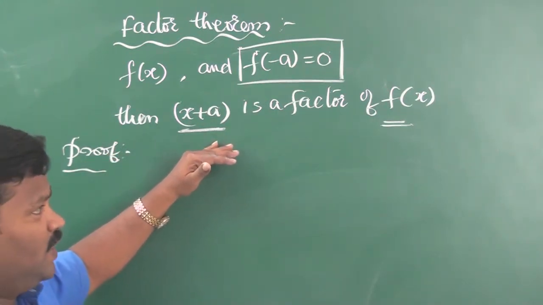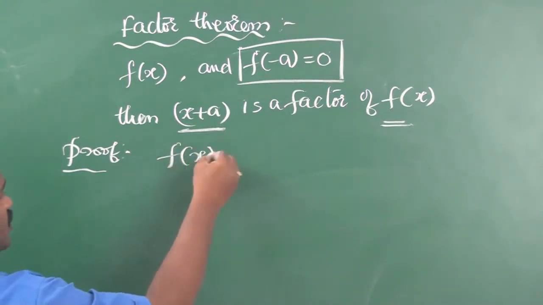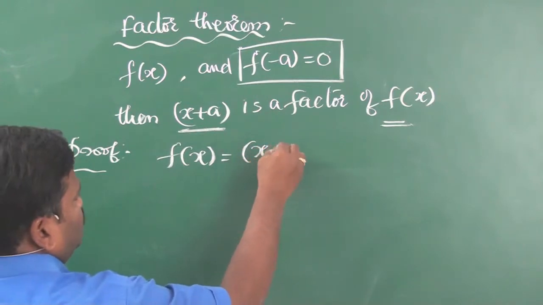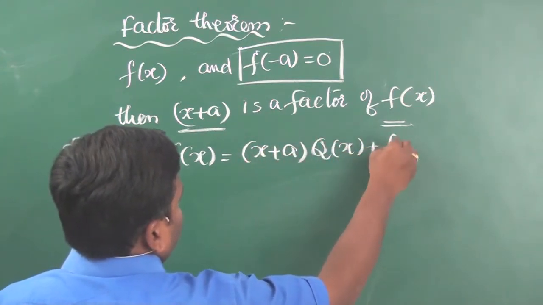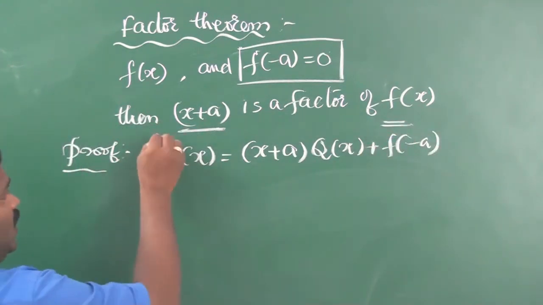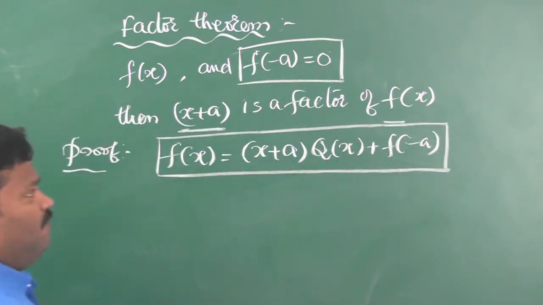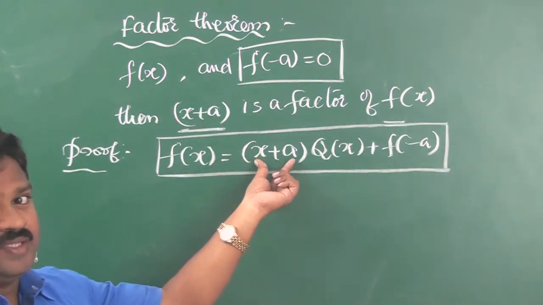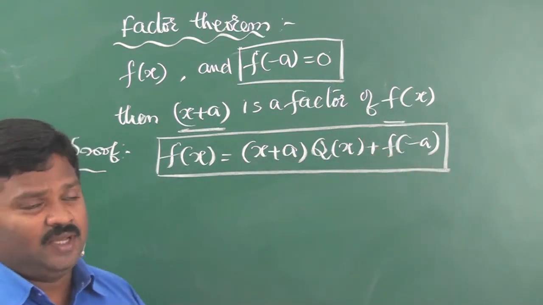According to the remainder theorem, we get f of x is equal to x plus a into q of x plus f of minus a. This is the remainder theorem. What is the remainder theorem? F of x is equal to x plus a into q of x plus f of minus a.